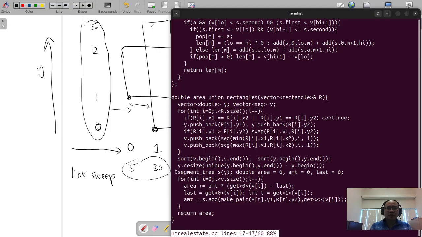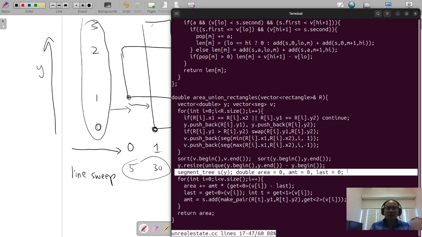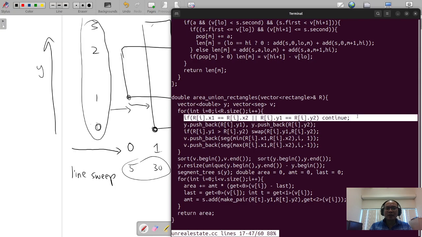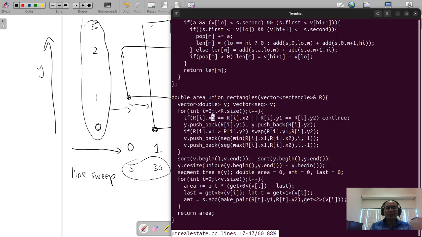So segment tree of the y's. And this sorts, let's see here. So you process all the rectangles. If somehow it's zero area because the distance in x and the distance in y are the same, you just skip them.